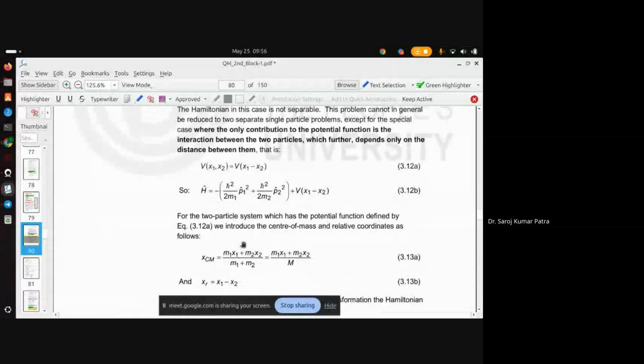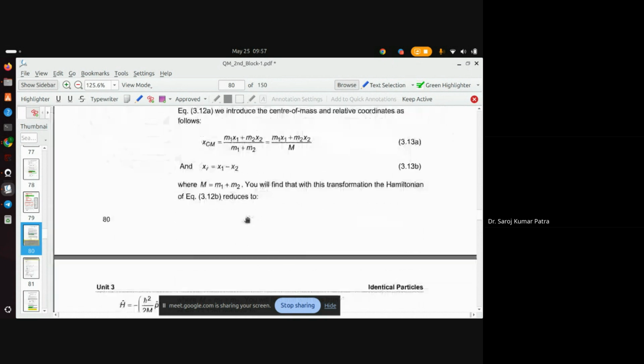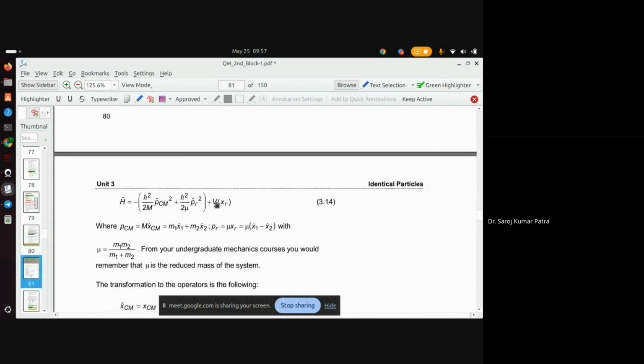So here you can see it will be two variables because there are two independent variables x1 and x2. So equation 3.12b will have two variables, 1 and 2. Similarly, equation 3.14 will also have two. One is the center of mass, another is the reduced one, r.